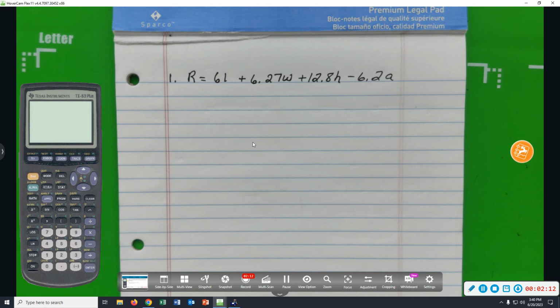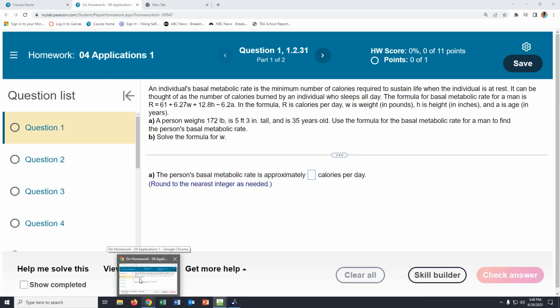Now let's reread more of the problem and see what all these variables are. We're told R is calories. W is the weight in pounds.